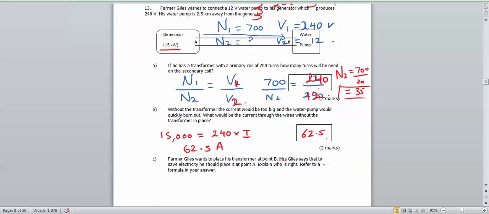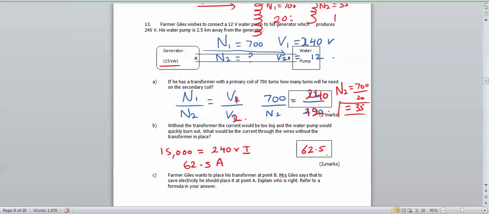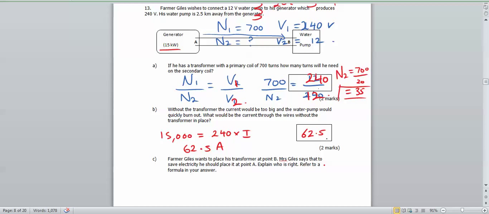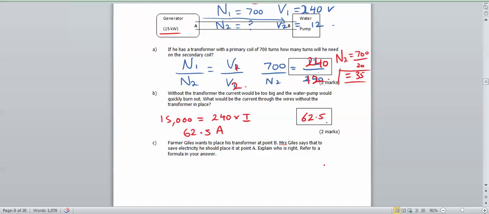Okay. Farmer Giles wants to replace his transformer at point B. Mr. Giles says that to save electricity, he should place it at point A. Explain why. Well, it will make sense because what happens is there's going to be a power loss.